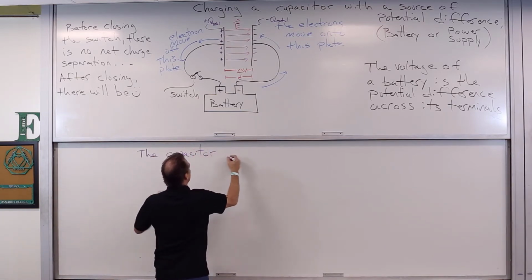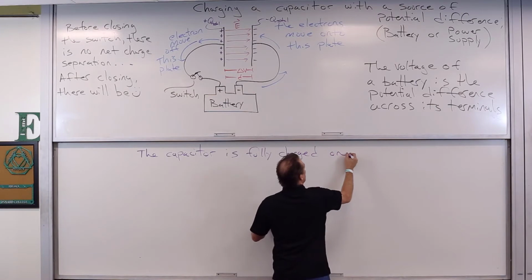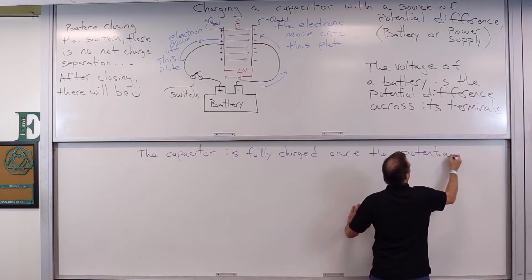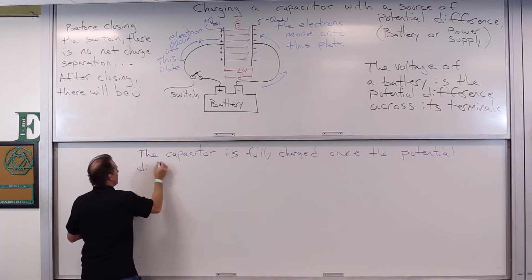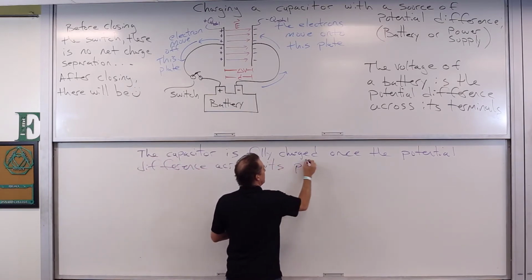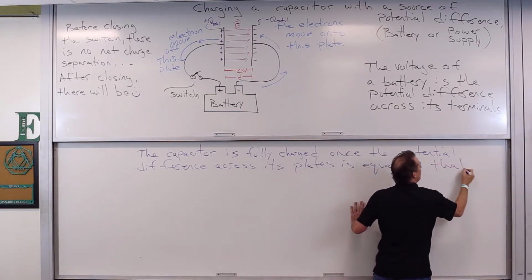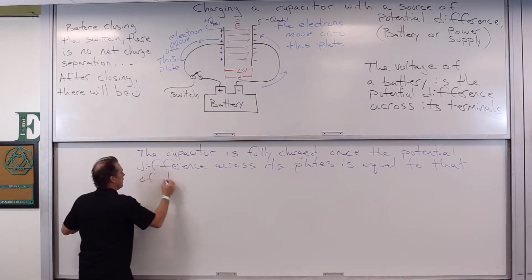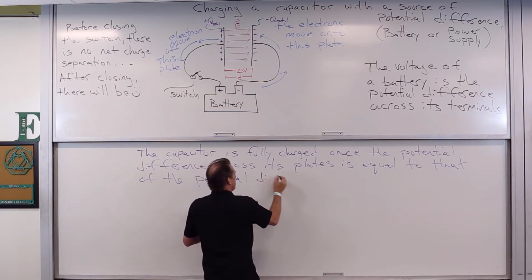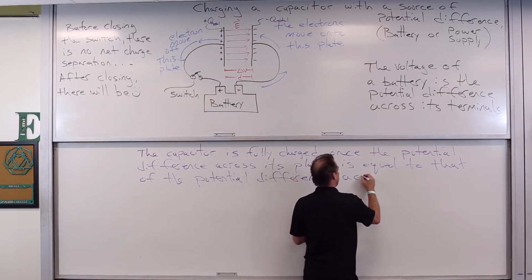A capacitor is fully charged once the potential difference across its plates is equal to that of the potential difference across the terminals of the battery.